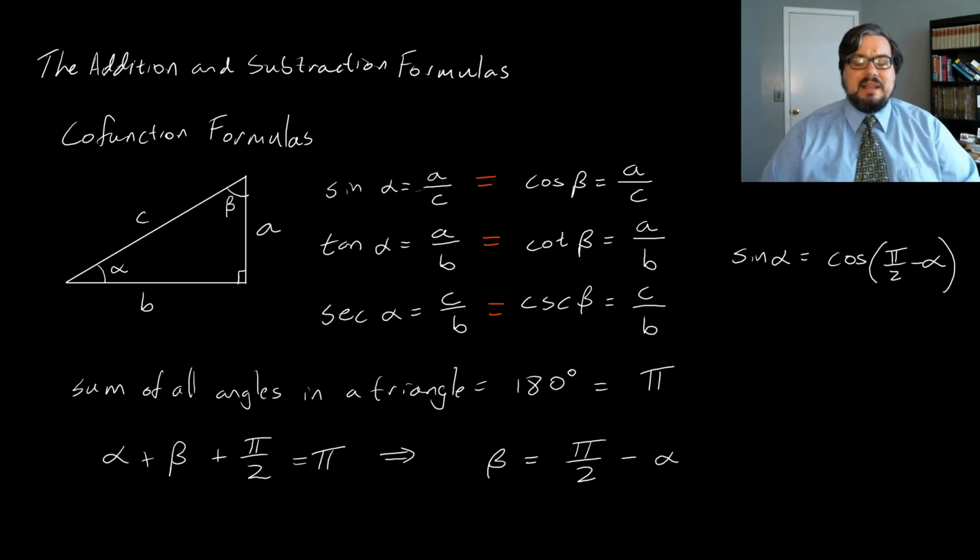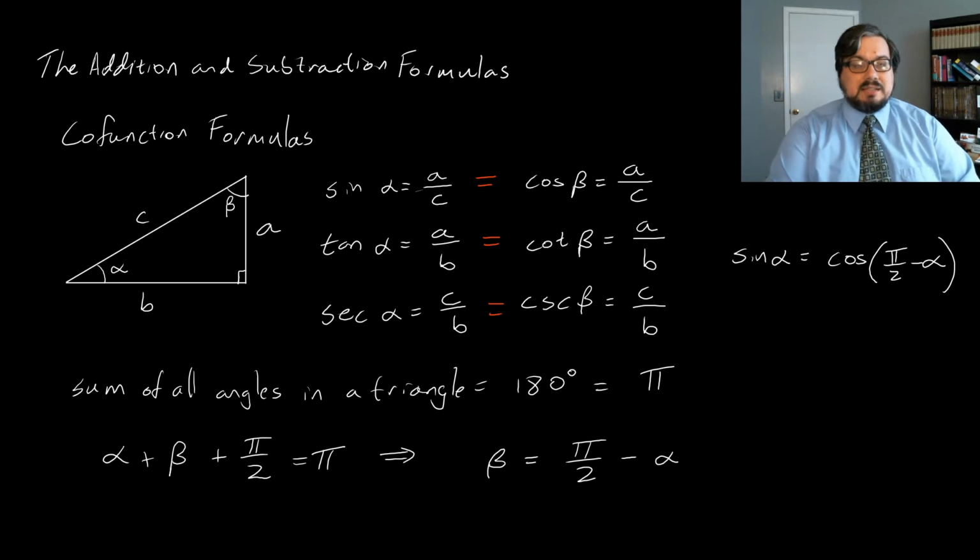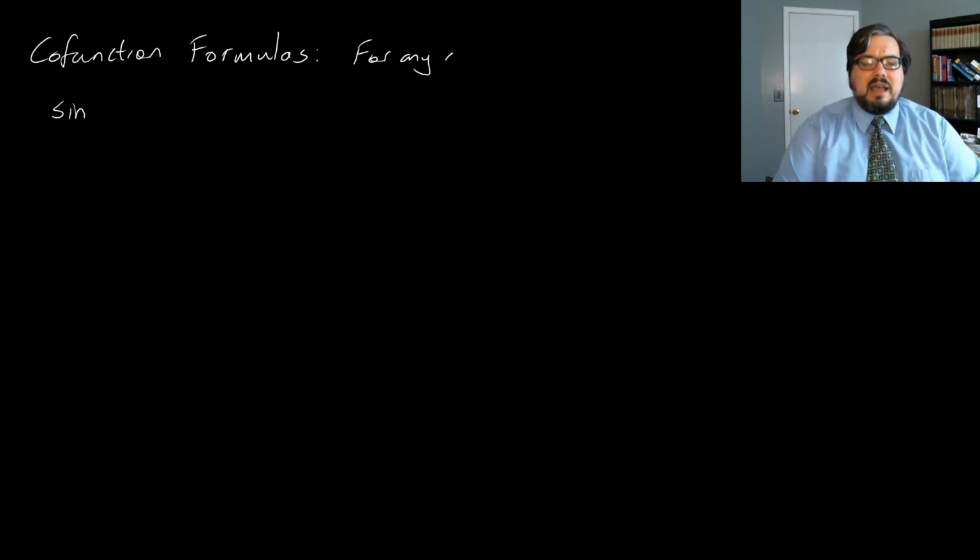So let me go ahead and get a new page and write down the cofunction formulas precisely. So the cofunction formulas are as follows. For any angle theta, sine of theta is the same as cosine of pi over 2 minus theta.